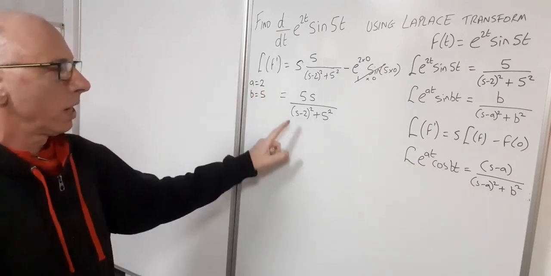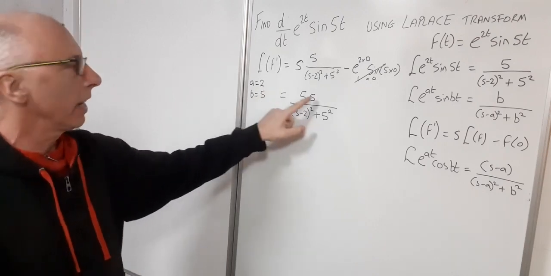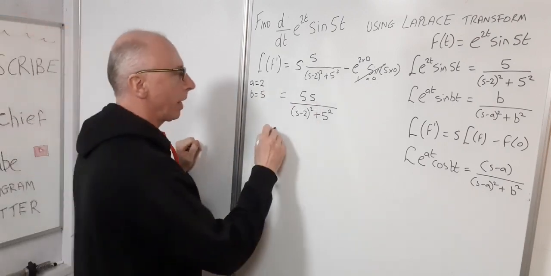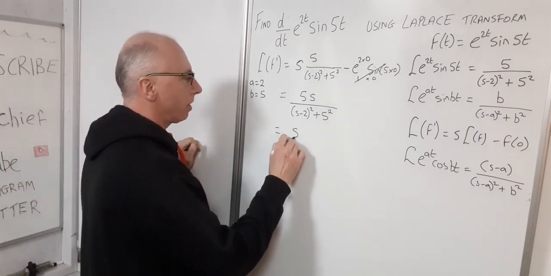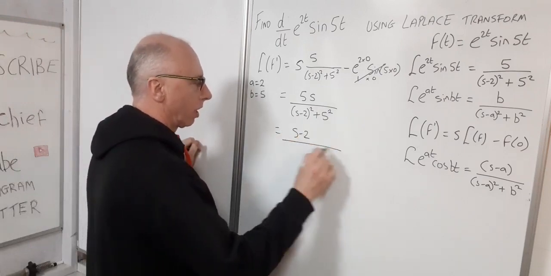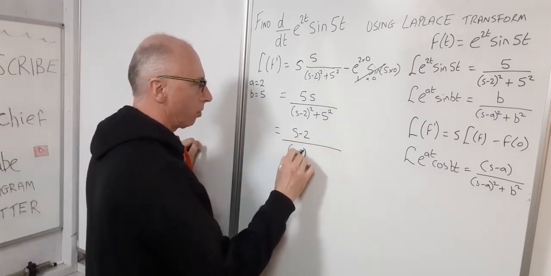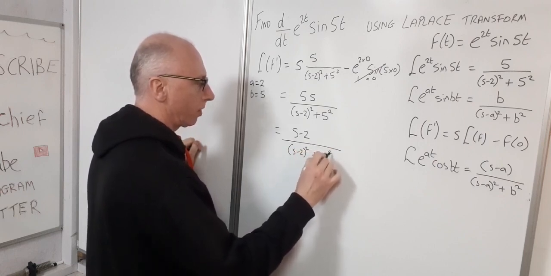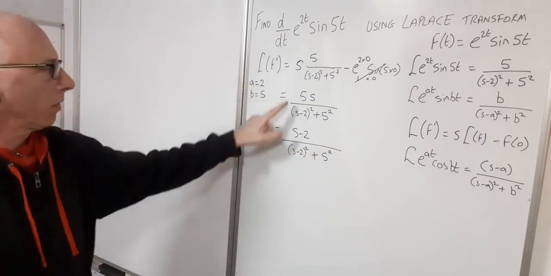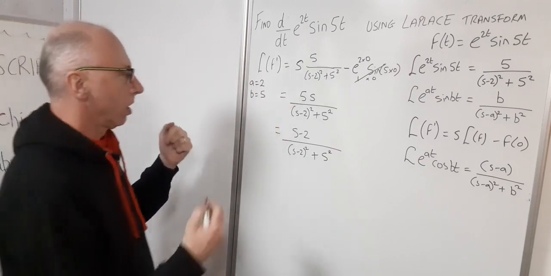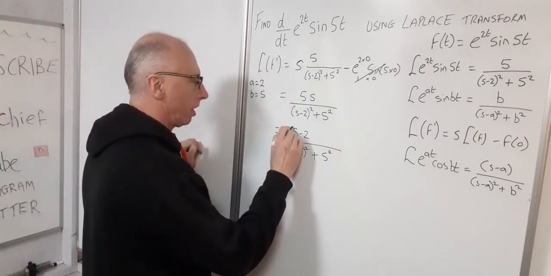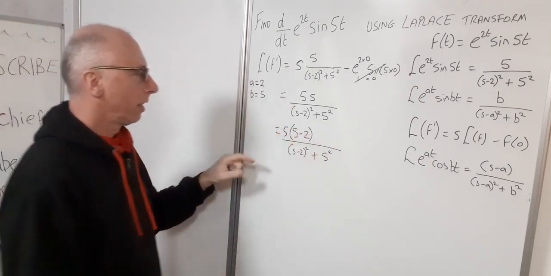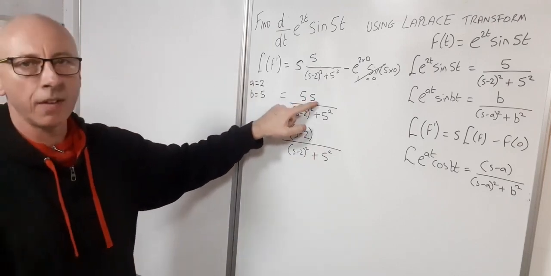So let's get an s minus a in the numerator, and let's just manipulate that a little bit. So s minus 2, and then we've got s minus 2 squared plus 5 squared. Now we've got this 5 yet to use, so we can put this 5 here and multiply that. That will then give us back our 5s.